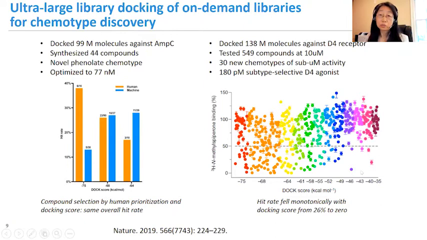As we move along the x-axis in the direction of worse docking scores, the hit rate apparently monotonically decreases all the way to 0. This is very strong evidence that we can have predictive power in the large, diverse compound collections using computational methodologies.